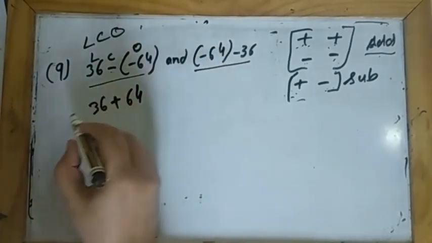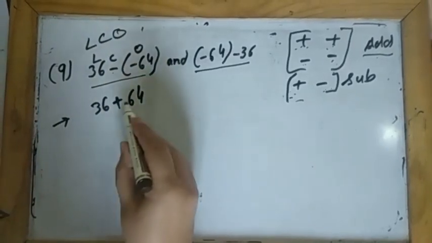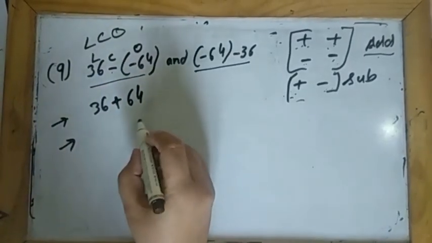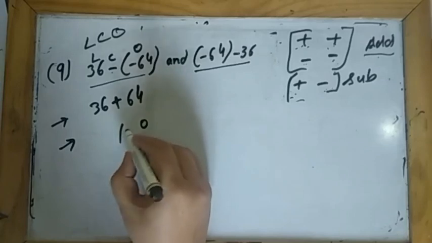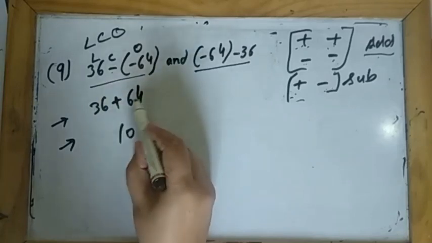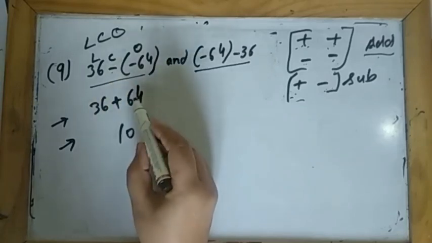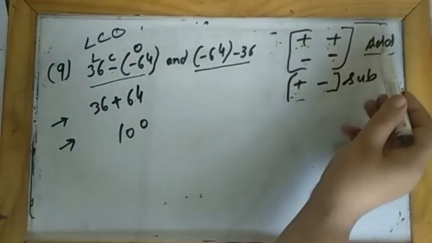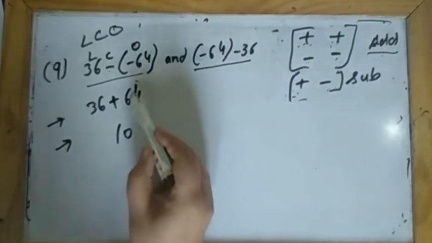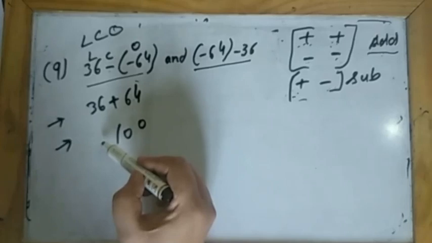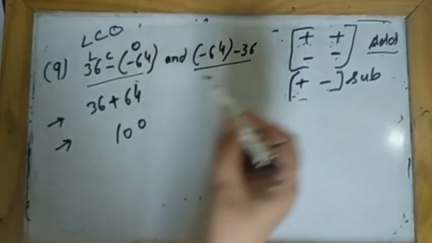First I will solve this part. So 36 plus 64 becomes 100, and both the integers are positive, so I add them, and the answer also will be positive.